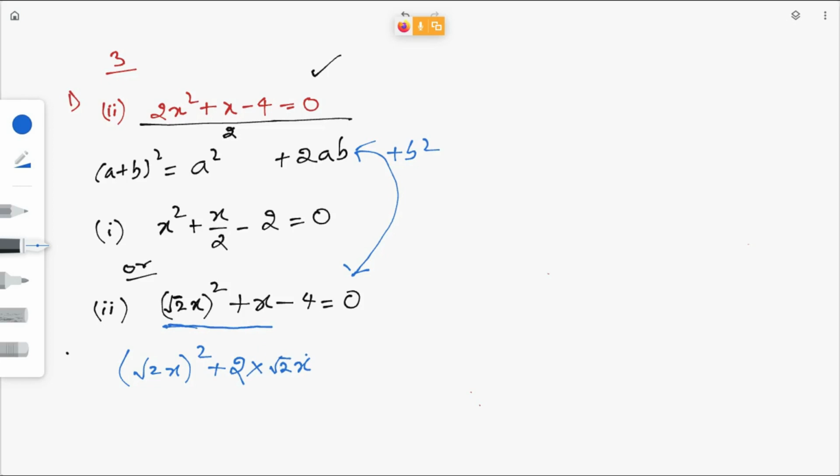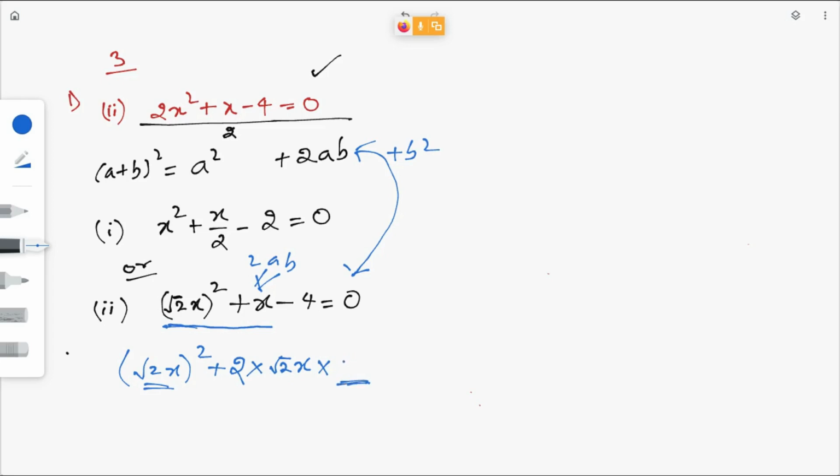See here, splitting this term is very important. How to split this x into 2ab form? Because what I need is, first term is a square, it is root 2x whole square. So second term is 2ab. Then how can you express this x as 2ab? That is important here. The first step is to keep this 2 as it is. Second is a. This is your a, just put root 2x here. This third term is very important.